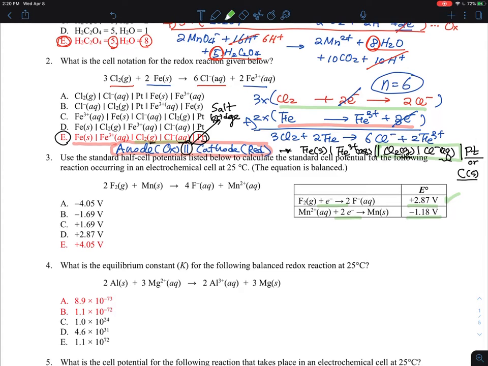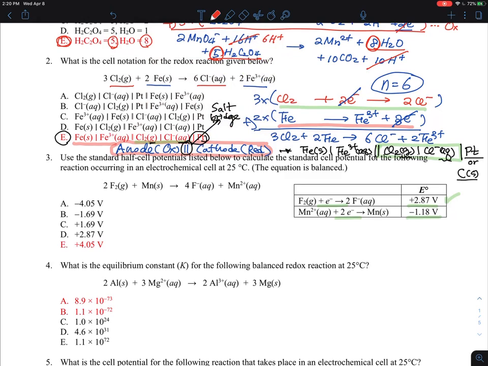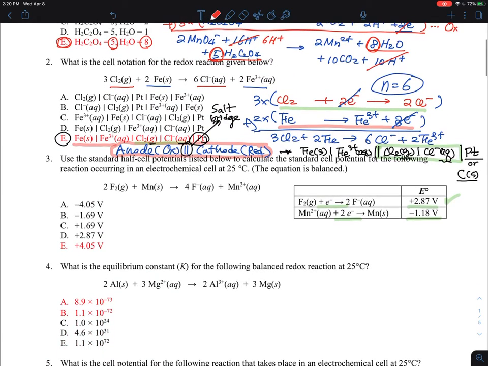So what that means, at the top of your mind, is that the one at the bottom is losing. So the reaction must happen this way. Oxidation should happen, so the oxidation potential should be plus 1.18 volts. Okay, this is something that you should know.